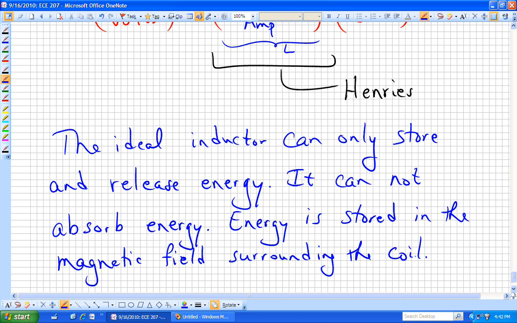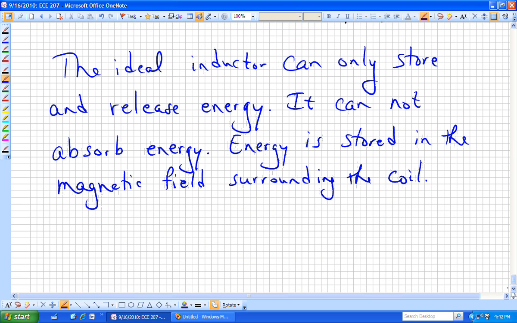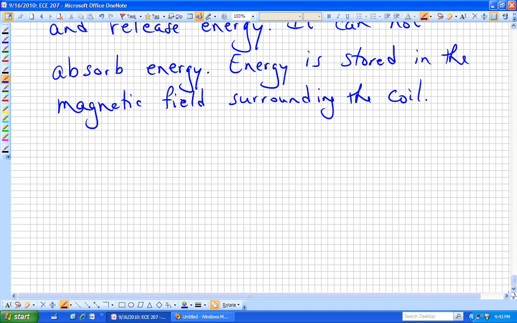This magnetic field expands and contracts, and that stores and releases this energy to allow us to create circuits with more interesting characteristics than just instantaneous change in current and voltage, which is all we get with resistors. Now we're going to be able to store and release this current voltage relationship.